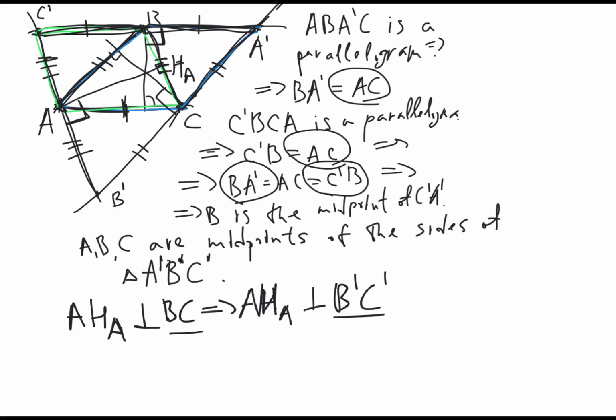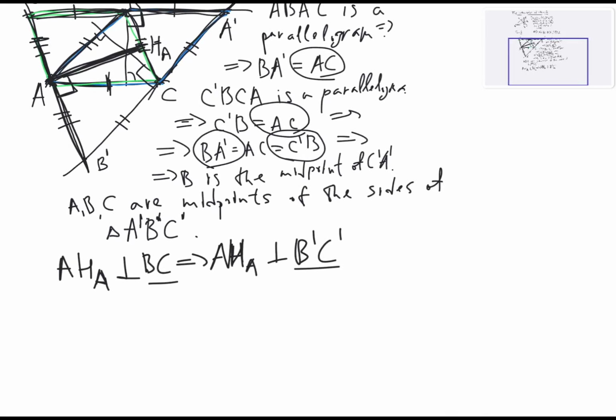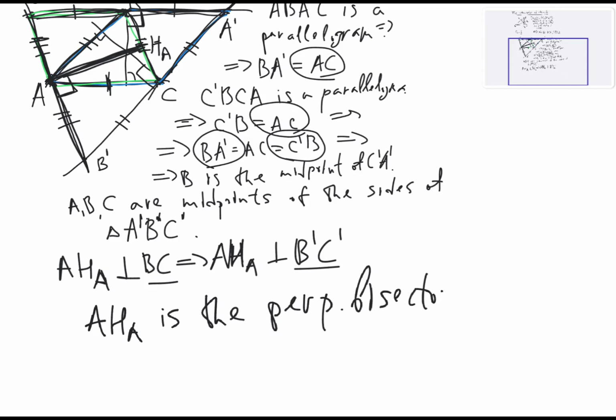Notice now that AHA is perpendicular to B prime C prime, and A is the midpoint of this segment. So AHA is the perpendicular bisector of the segment B prime C prime.